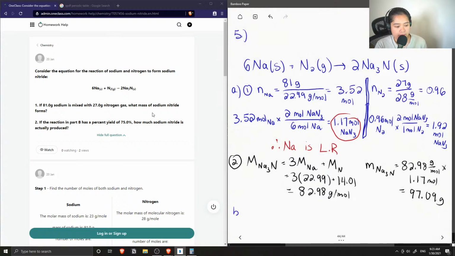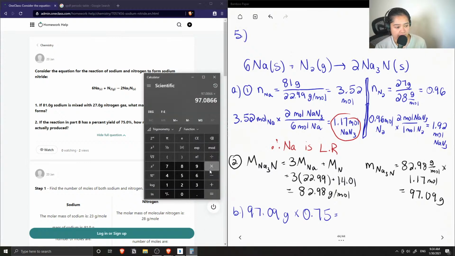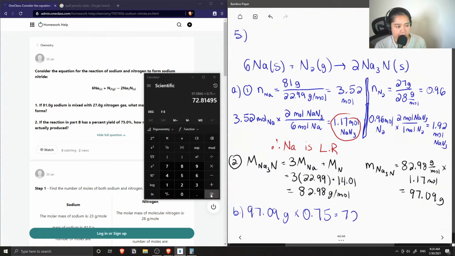So we just need to multiply our expected value by 0.75, to find 75% of our expected value. So that means we actually produced 72.8 grams of sodium nitride.